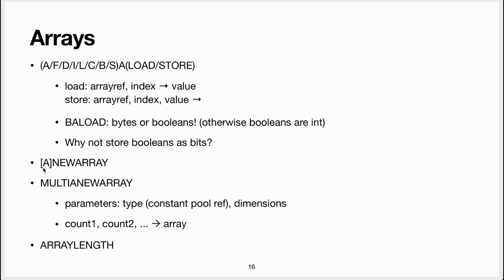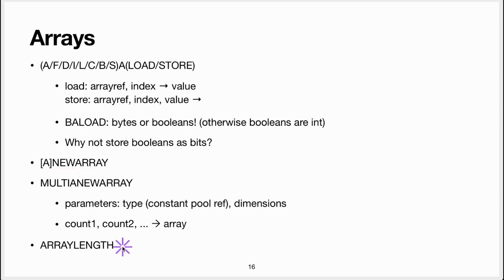Instead, what you will do is use newarray to create an array of integers. And once you've created this outer array, you will fill it with arrays of integers that you create using newarray. Now, if you want to create a three-dimensional array of integers, then you will use multianewarray with 2 dimensions. And then you will fill the last dimension with arrays of integers that you create with newarray.